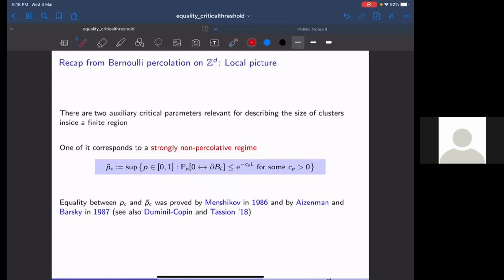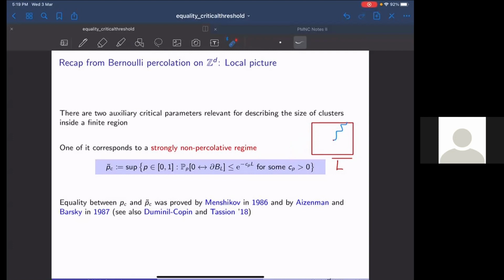So essentially the event that you are, let's say, here, and this is the event I'm looking at, with radius like L. This probability is decaying exponentially in the radius.